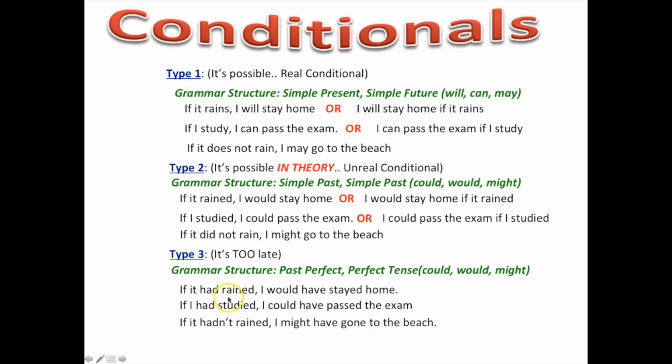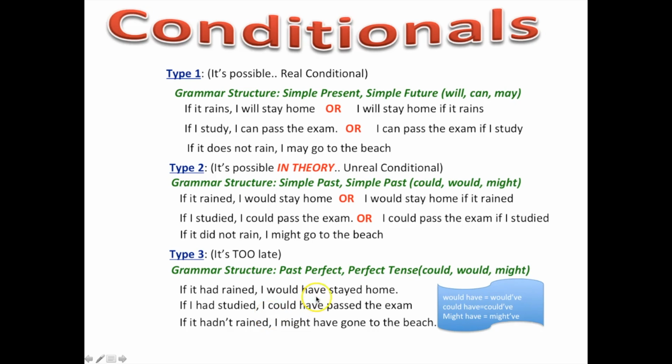So this is too late. Here, it never rained. Okay? Here, I never studied and I never passed the exam. And here, it rained and I couldn't go to the beach. Okay, so this is regrets.